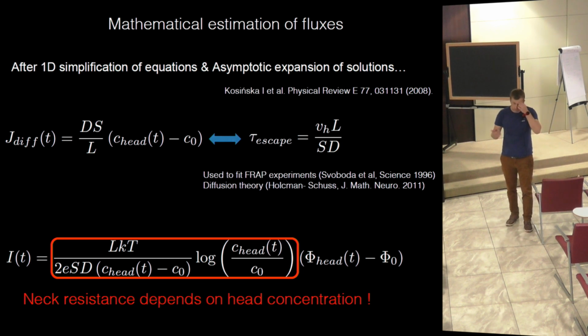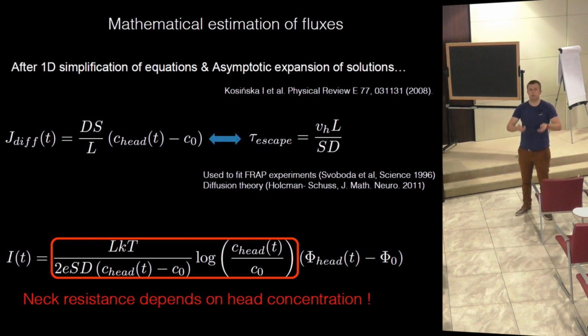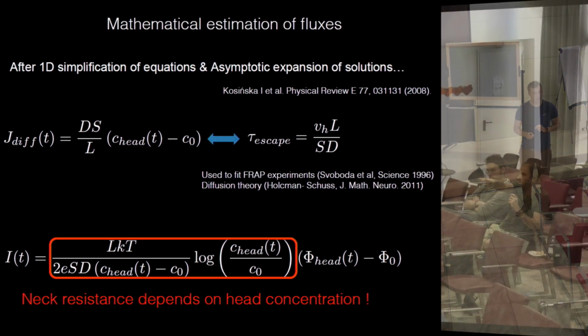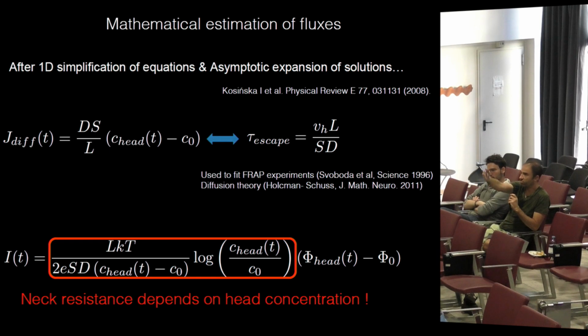It was just to emphasize that both the geometry and the physiological parameters can influence the neck resistance. I understand. So, for example, the concentration in the head, although it can vary in principle, you fix it. Yes, you fix it.